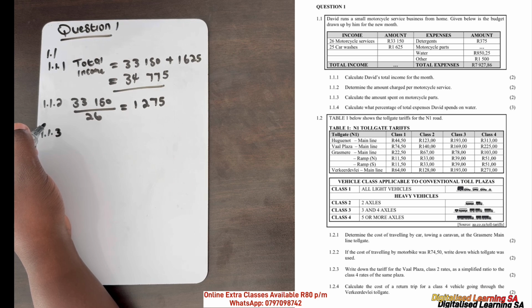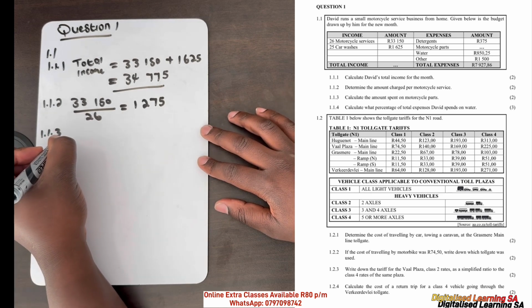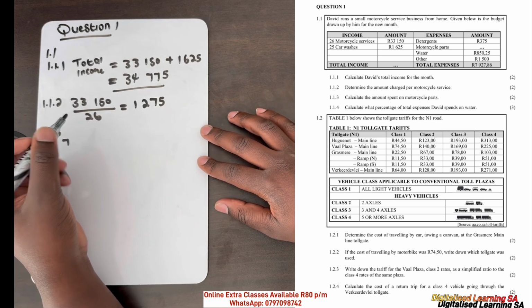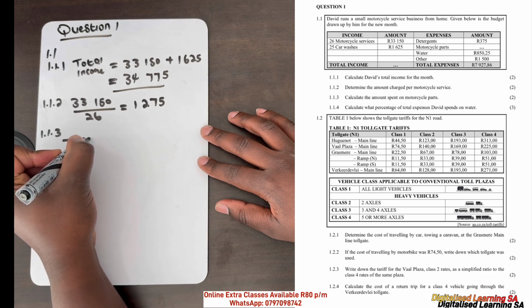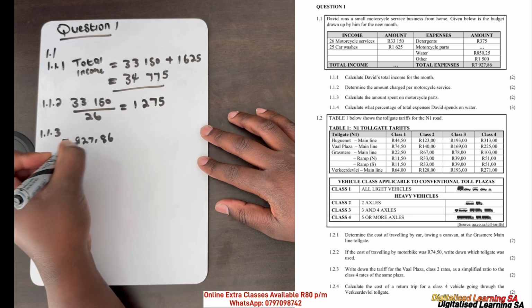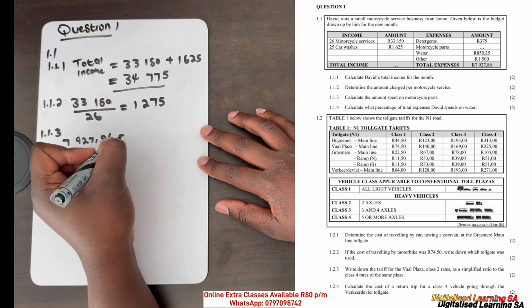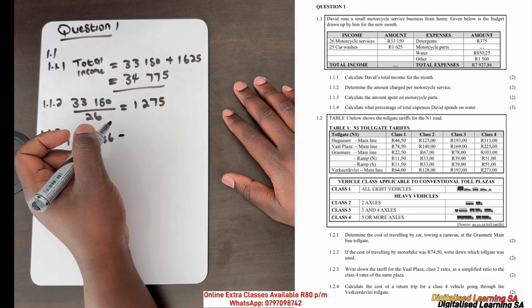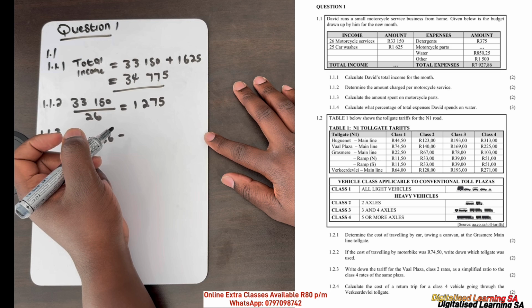But then we are given the total expenses, meaning that if we subtract everything else from total expenses, we can get the missing value for motorcycle parts. So we need to say 7,927.86.